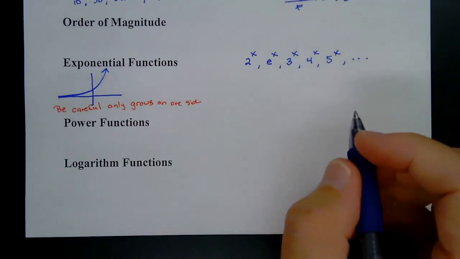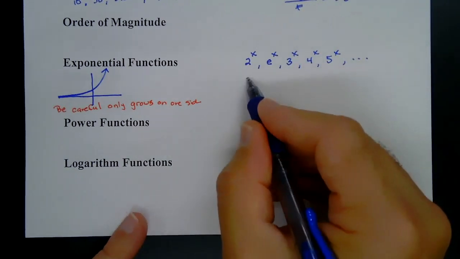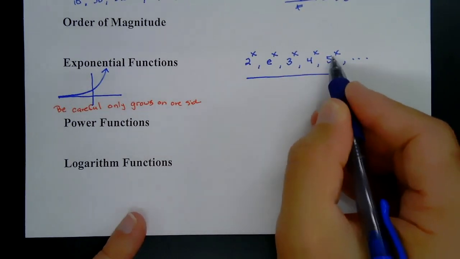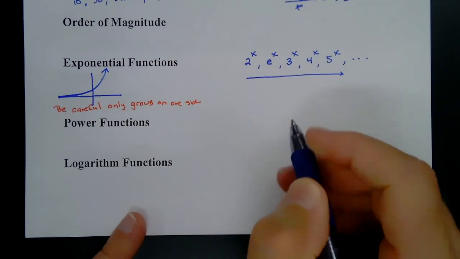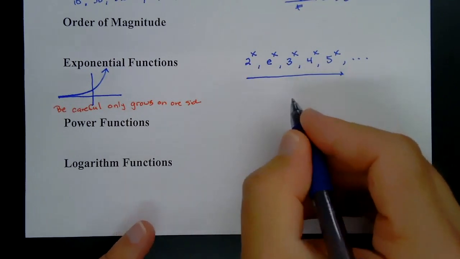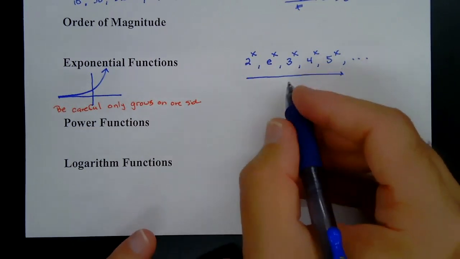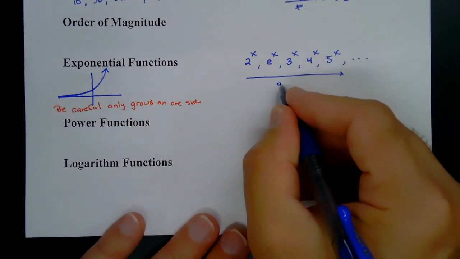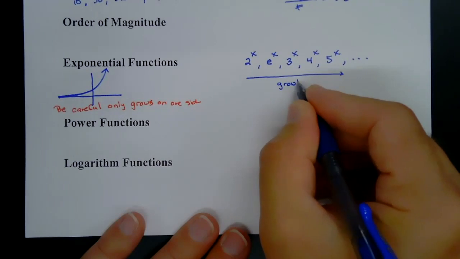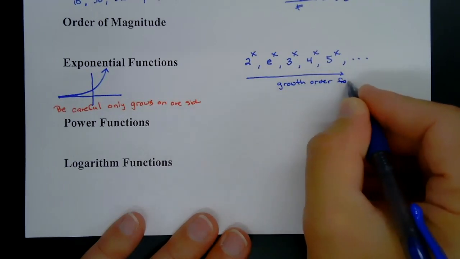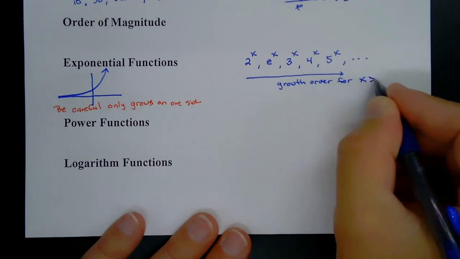Okay? So this goes from smallest growth to largest growth. 5 to the x is going to grow faster than 2 to the x. But this is only true for x greater than 0, for positive x's. So we need to write growth order for x greater than 0.